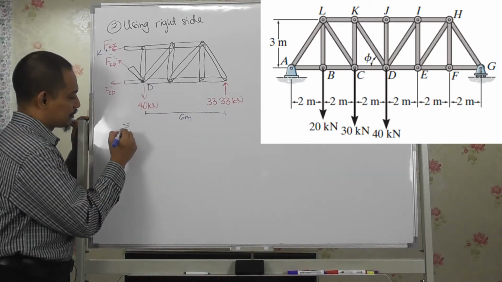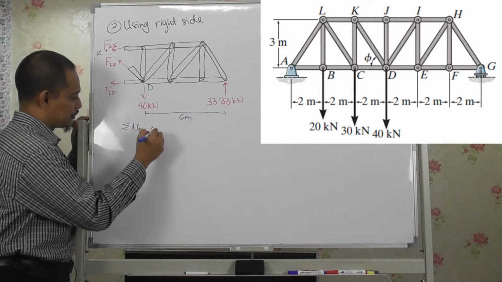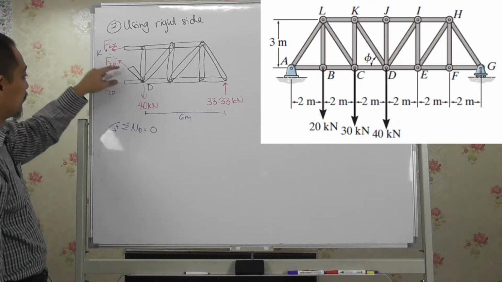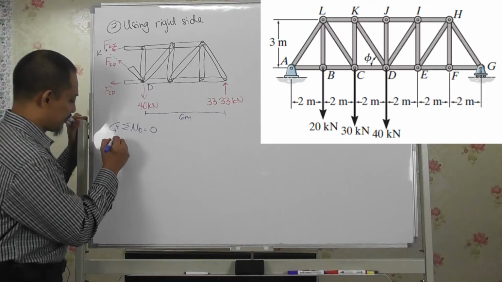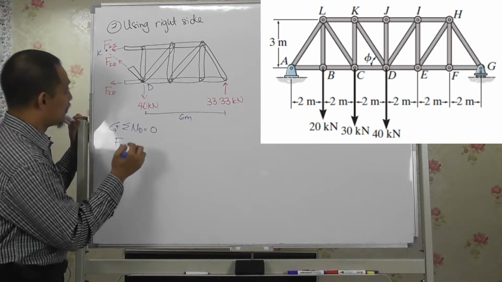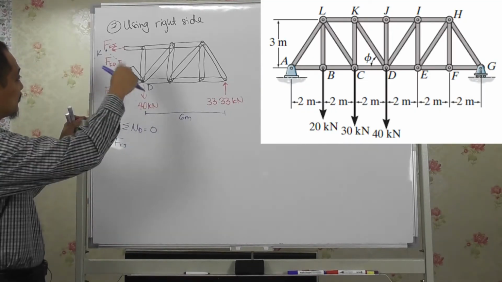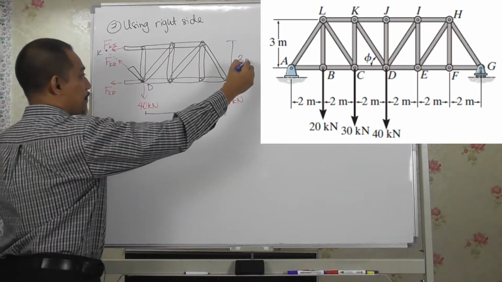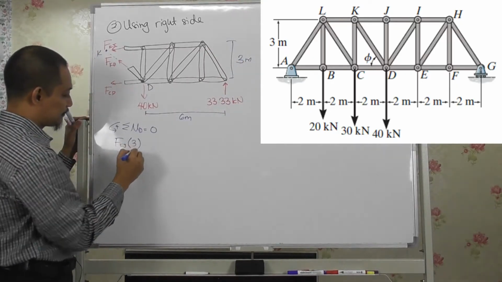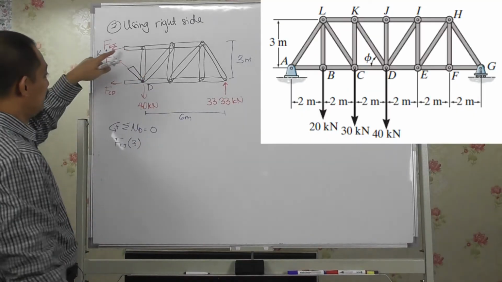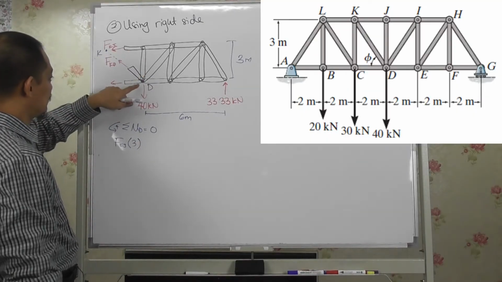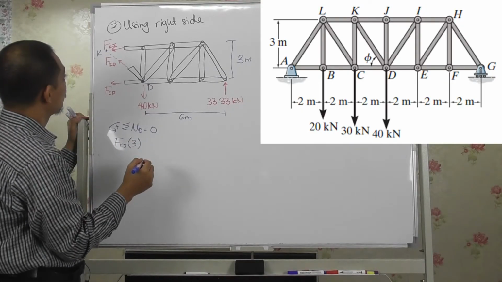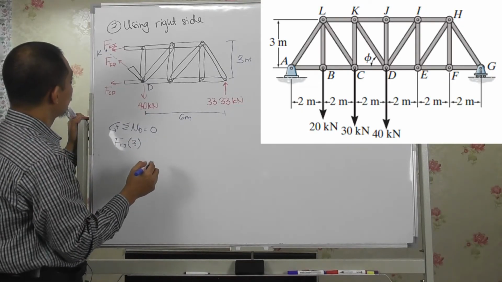Okay, summation of moment about point D equal to 0 if I take counterclockwise as positive. So it cancels these 2, so we have FKJ counterclockwise, and then the distance, okay, this distance is 3 meter. So it times 3 meter, the distance. And then this goes here, and then only here, right? So this one is counterclockwise, right?